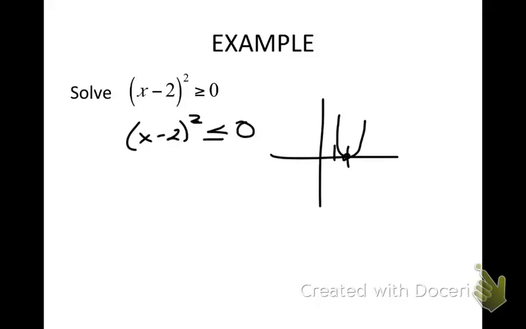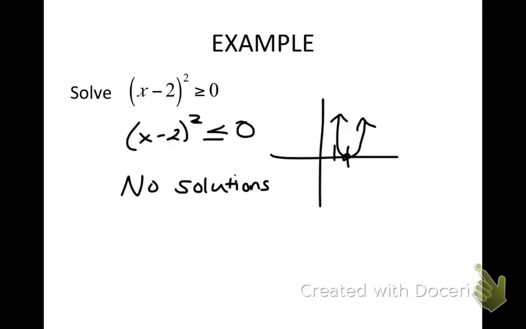Is there any part of that graph that is negative? No. Is there any way to square any number and get something less than or equal to 0? No. So what will we say? No solutions. So if it's less than, then it's no solutions.